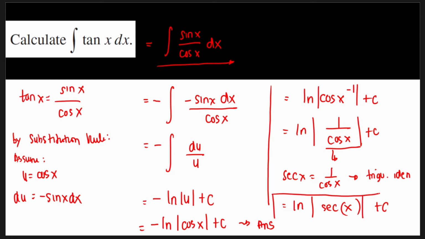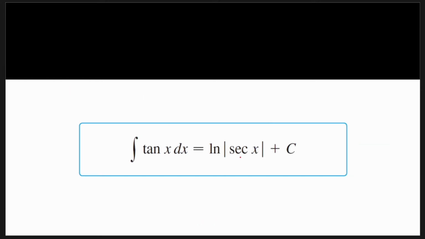So this could also be your answer. So yeah, you can use this expression also as a new integration formula as I proceed in the presentation, so that the integral of tan x dx is just equal to the natural logarithm of the absolute value of secant x plus c.